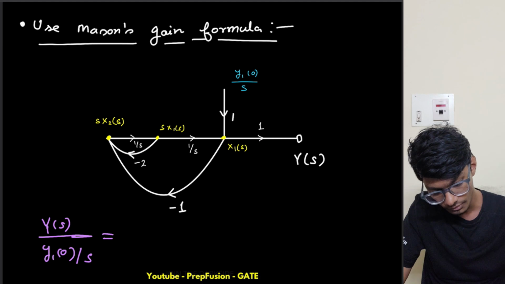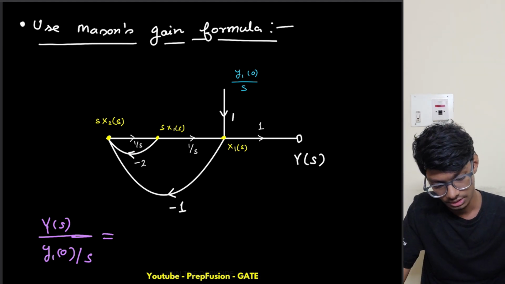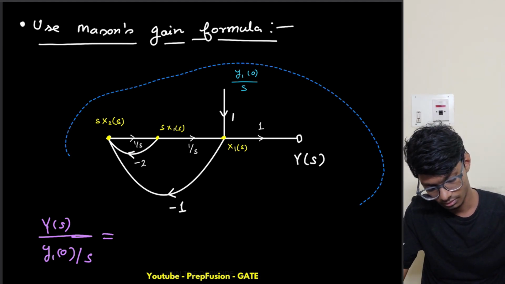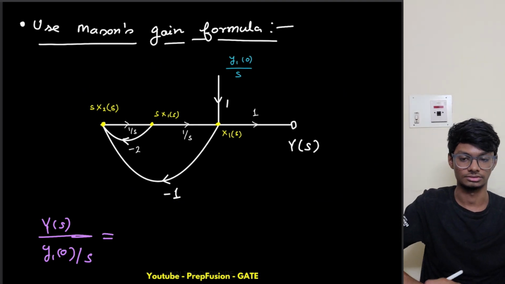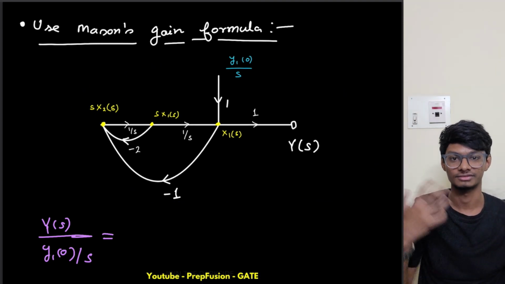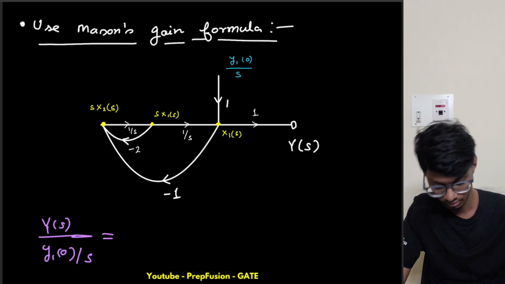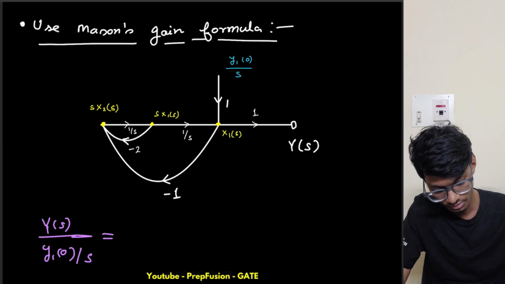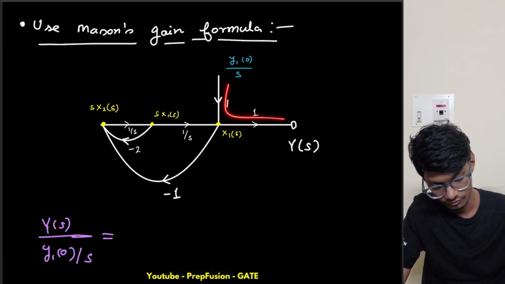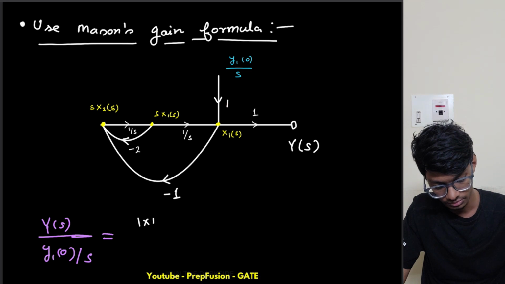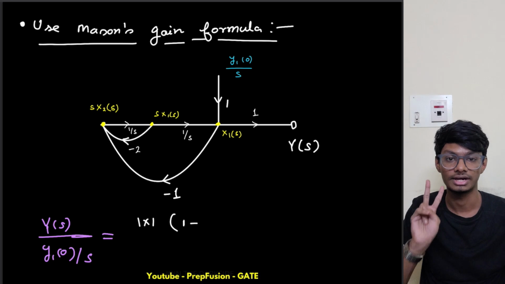So that was just a simple analysis. I hope you are super proficient in solving SFGs, so you are very fast, and you have practiced enough questions. So this will simply be, what is the forward path? 1 times 1, 1 times 1, 1 minus, now what is the isolated loop gain?